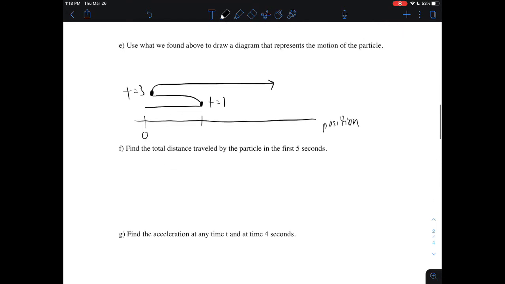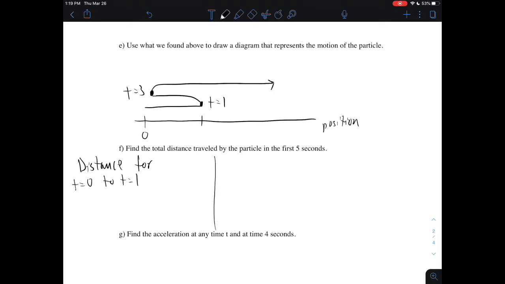Find the total distance traveled by the particle in the first 5 seconds. So here, we're actually going to break this up. We're going to find the distance for t equals 0 to t equal 1, because that will be a distance that moves positively away from the initial position.